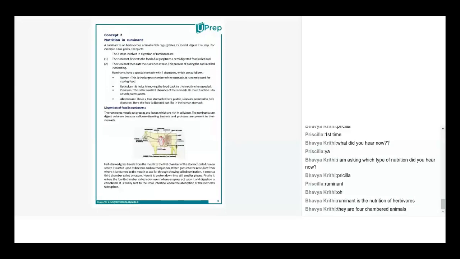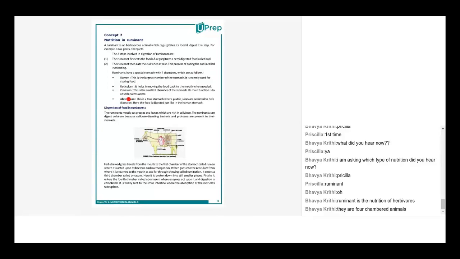Now, ruminants have a special stomach with 4 chambers. What are the 4 chambers? Rumen, reticulum, omasum, and abomasum. They have many organs in the alimentary canal. They also have an esophagus and the stomach.